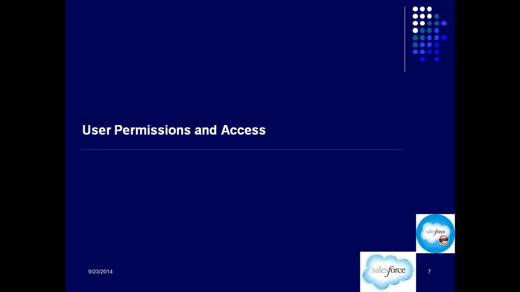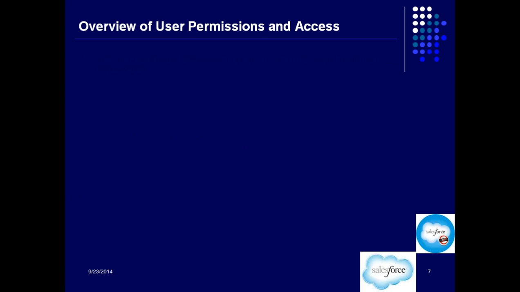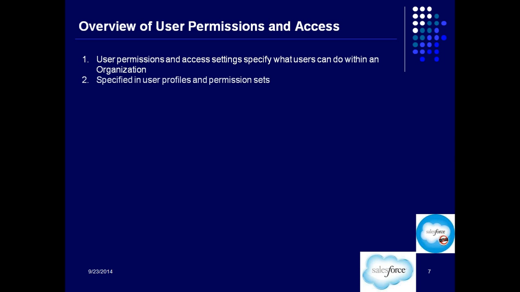Okay, so let us understand the user permissions and access. User permission and access settings specify what users can do within an organization. So this determines what a user can do within an organization. Okay.